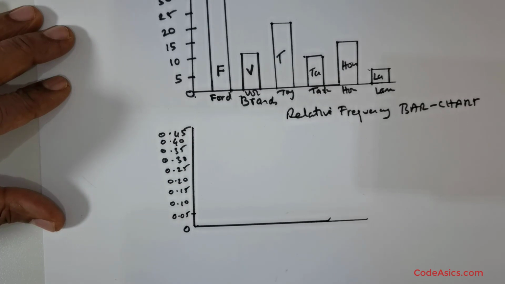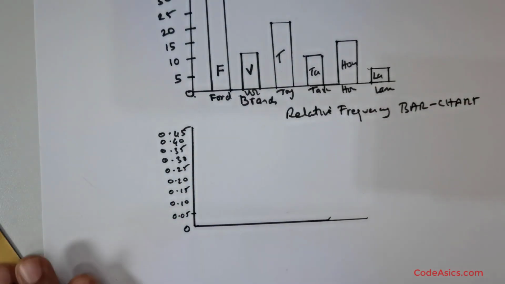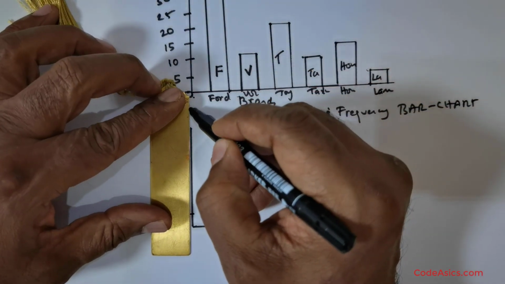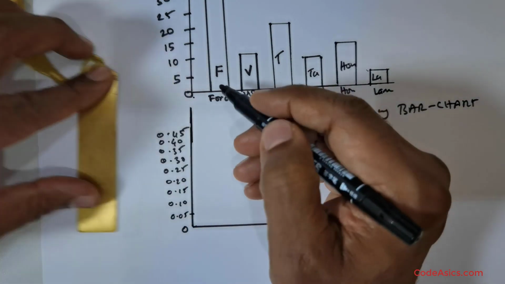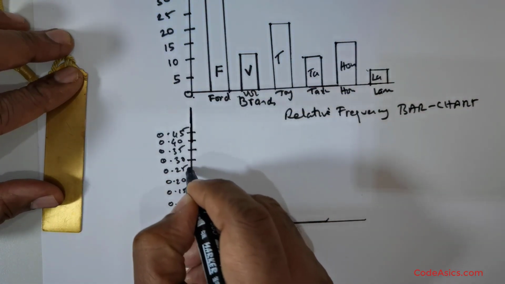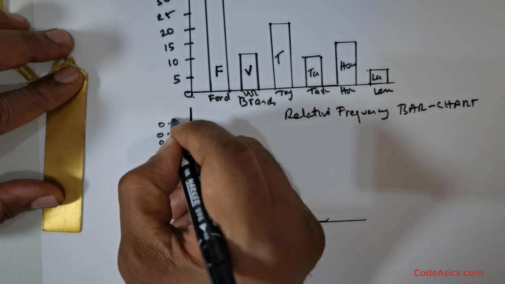So that is how it goes on. I have given 0.45. Probably you can stretch further if you want, but we don't have values greater than that. 0.45 is the maximum we have got. Probably you can give one more value, say 0.50.